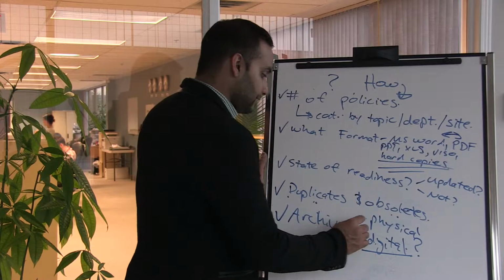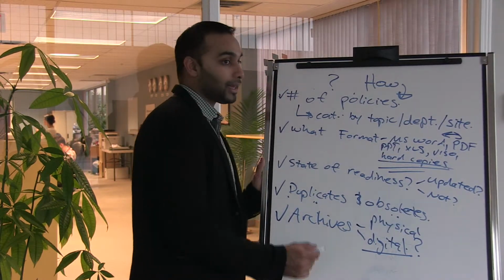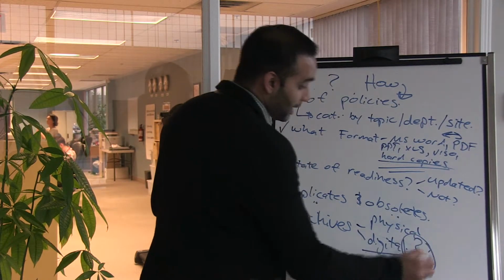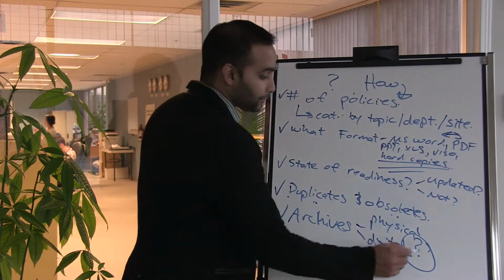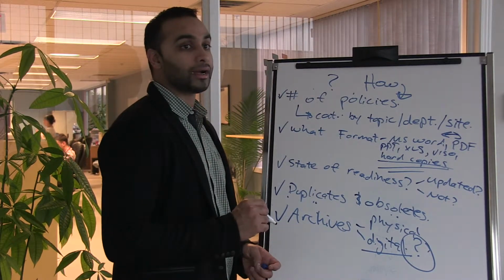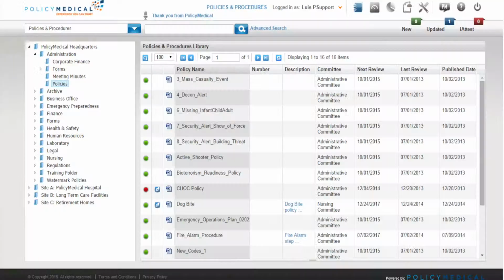But are they in physical format? Are they in digital or electronic format? Or do you just not know where they are? And that's okay if you don't, because I can't count the number of times that I've been in to a customer or a prospective customer where they didn't know where all of their archive versions are.